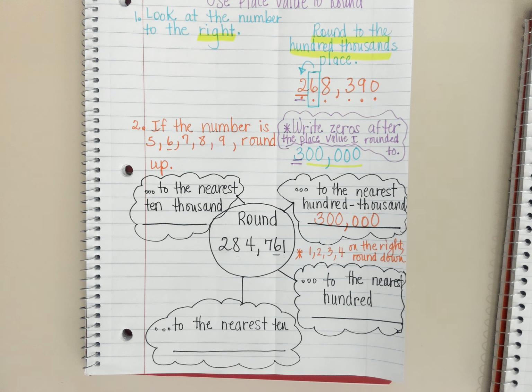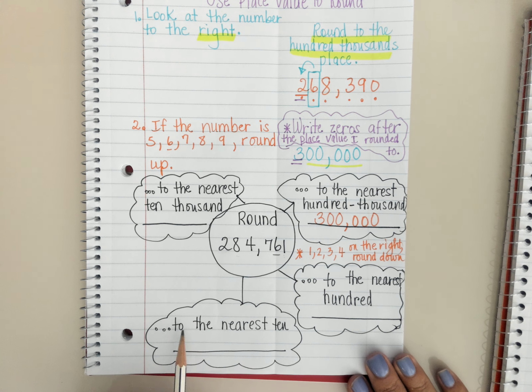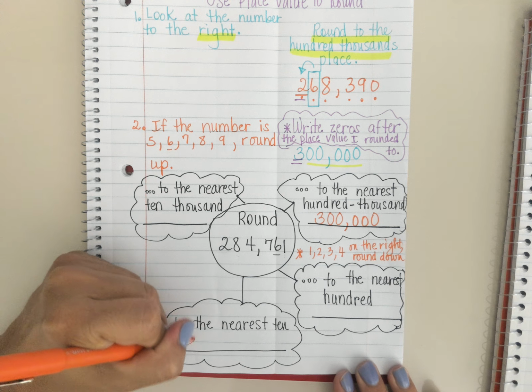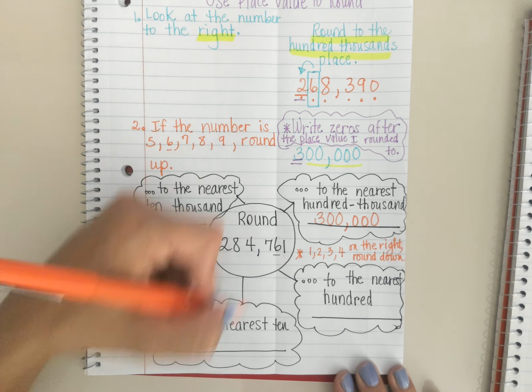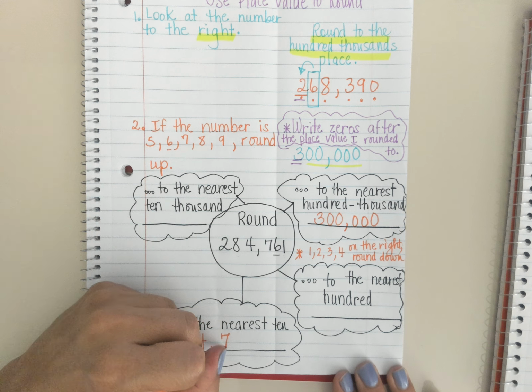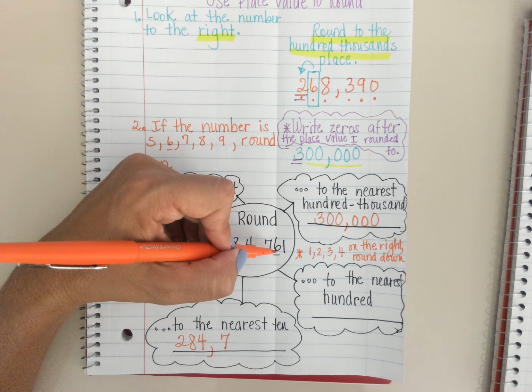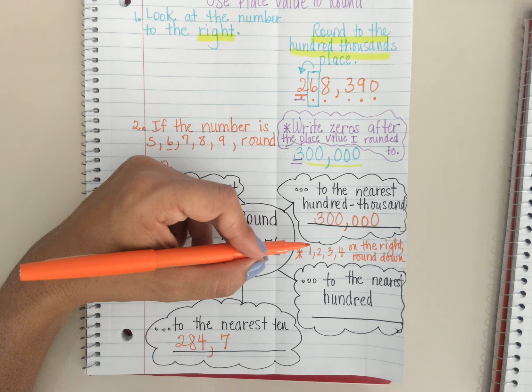So, go ahead, call out the answer. Rounding to the nearest 10. Rounding down. I'm glad I'm doing this one because the answer is 284,700, and then is it going to be 6 or is it going to be 7?